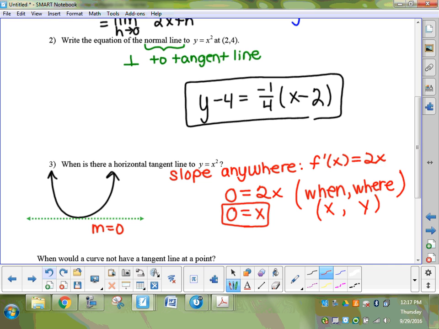Look, it's asking you when and where. When is the x value? Where is the y value? So when is this going to have a horizontal tangent line? When is the graph leveled off? It's when the x is equal to 0. If it said where, you'd have to go through and find out the y's.